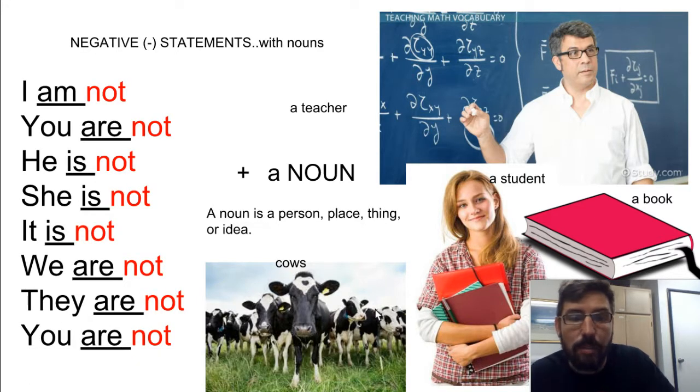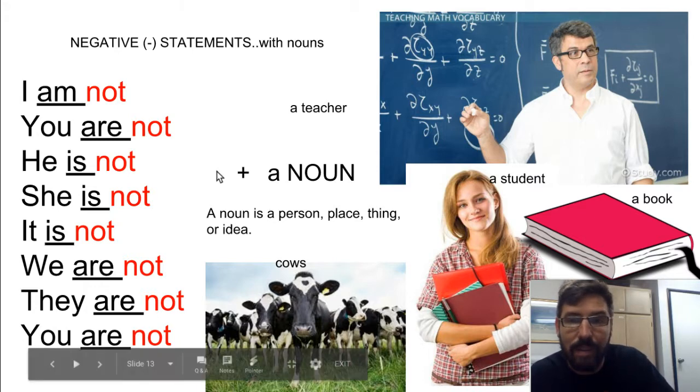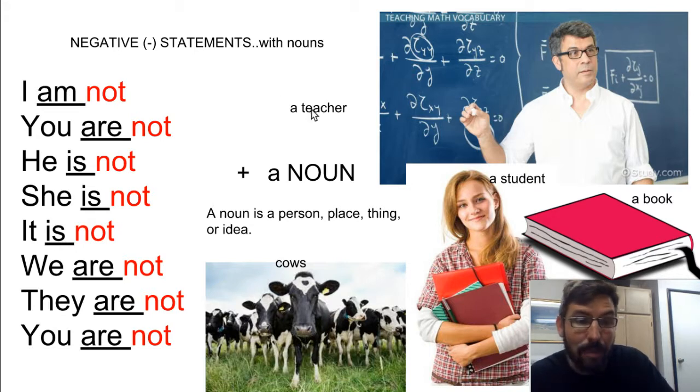Okay? Now, to make things negative means something is not true, right? So you could say, I am not a teacher, right? I'm assuming that you are a student, right? I can say, I am not a student. I'm a teacher, right? I think we can both say that we are not cows.